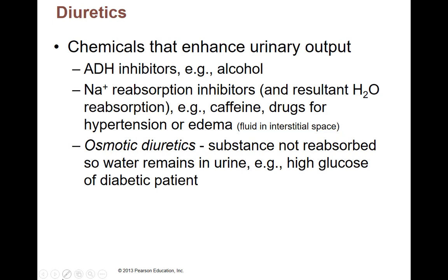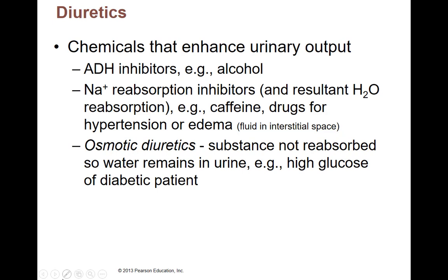If you have lots of glucose, most of your glucose should get reabsorbed out in your proximal convoluted tubule. But if all of your channels are completely full, and now you have glucose that's still in your filtrate, if glucose is here, what wants to join it? Water will. Water follows solutes.